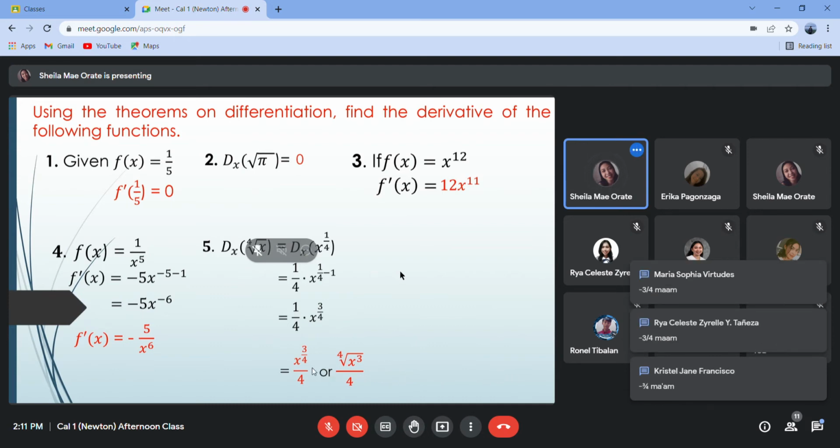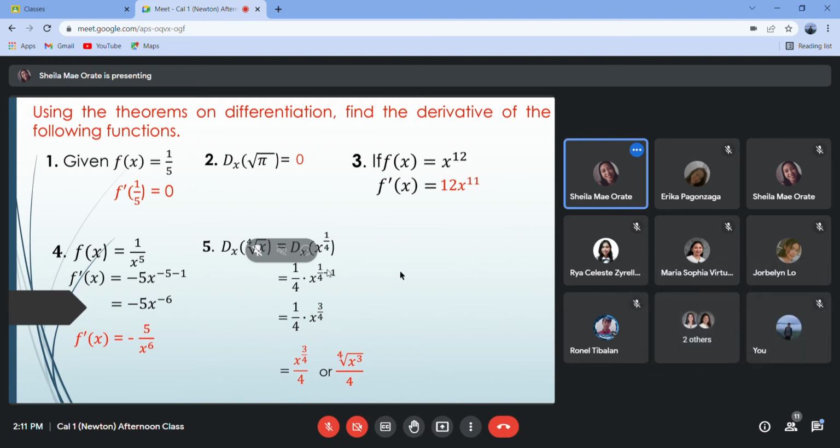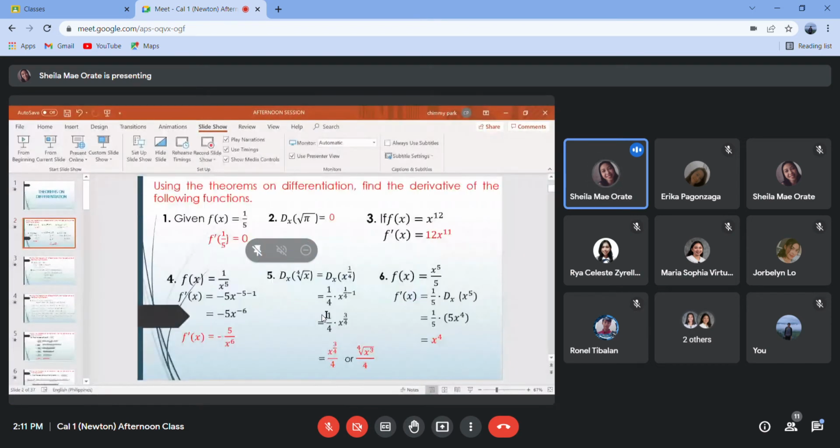Ay, nakalimtan ko. That's negative 3 fourths, sorry. Negative, raised to the power of negative 3 fourths. So, ang nahitabo, ato siyang balhin sa denominator.